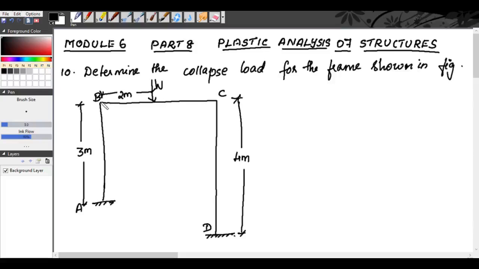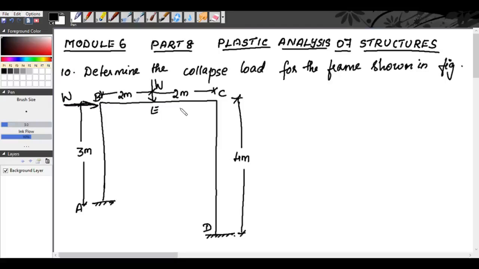So let us take this point as E. So BE is 2 meter and EC is 2 meter. Now there is another concentrated load of W0 acting at the joint B towards the right.